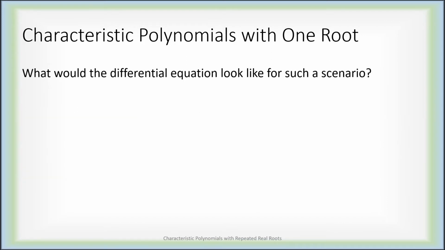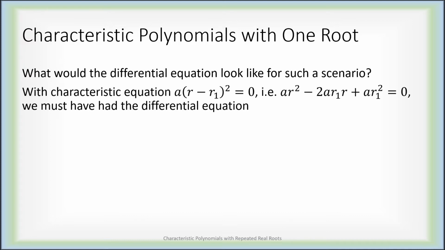Well, what would the differential equation look like to generate such a characteristic polynomial? If the characteristic equation was a times (r minus r1) squared equals 0, distributing that out, we get ar squared minus 2ar1r plus ar1 squared equals 0. That characteristic equation would have come from the differential equation ay double prime minus 2ar1y prime plus ar1 squared y equals 0.